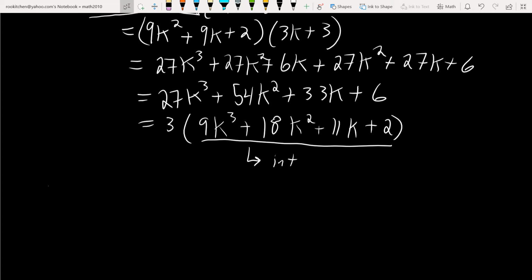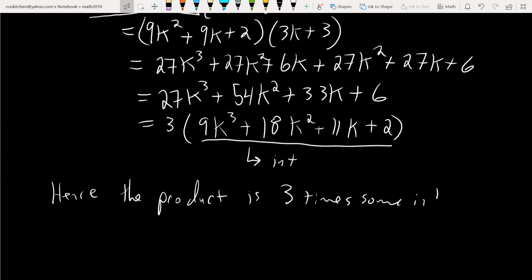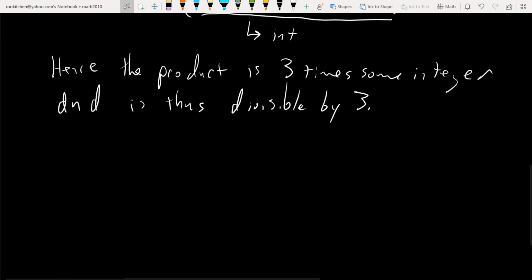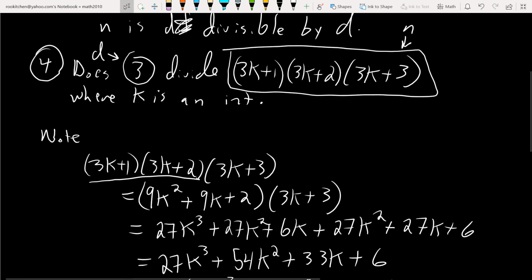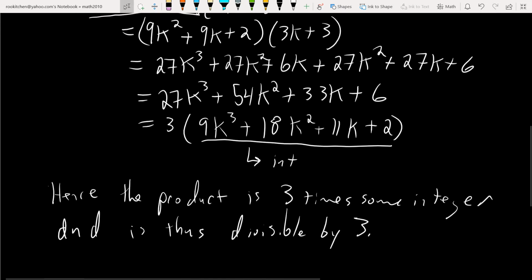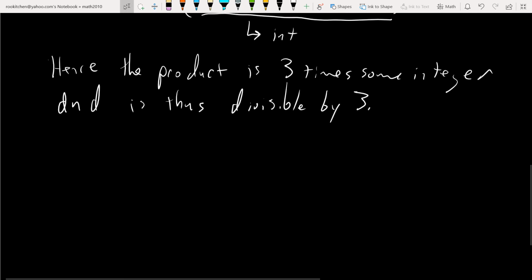So hence the product is 3 times some integer and is thus divisible by 3, by the definition of divisibility. So that's an intro problem where we are multiplying stuff together and then factoring out and showing that the definition of divisibility holds.